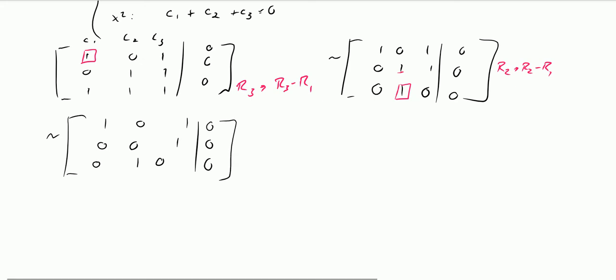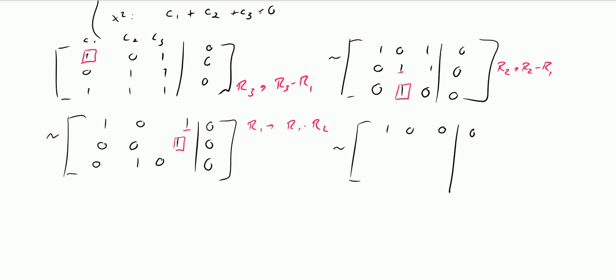I'll use this one again to reduce that one, so R1 becomes R1 minus R2. And I think you can see that what I get is the trivial solution, because C1 is 0, C3 is 0, and C2 is 0.